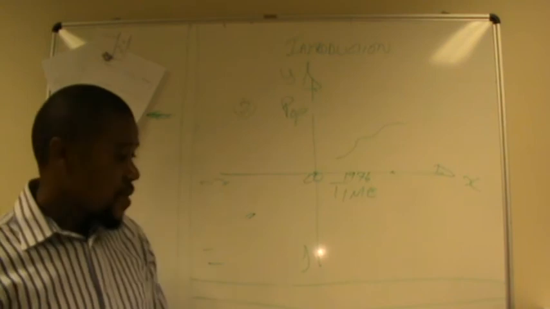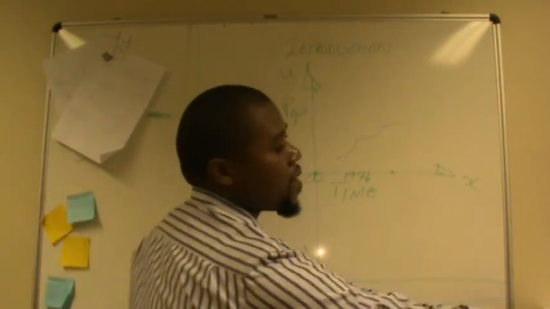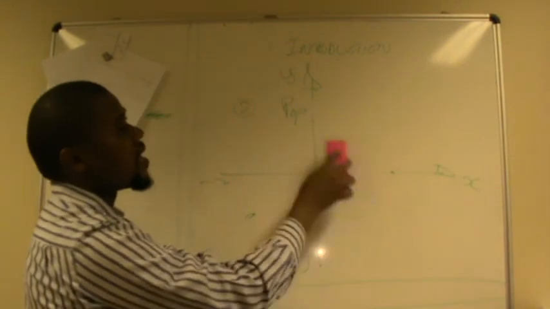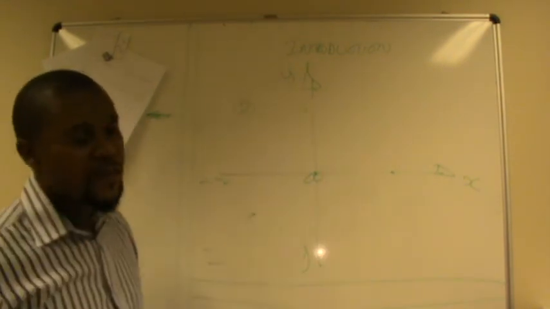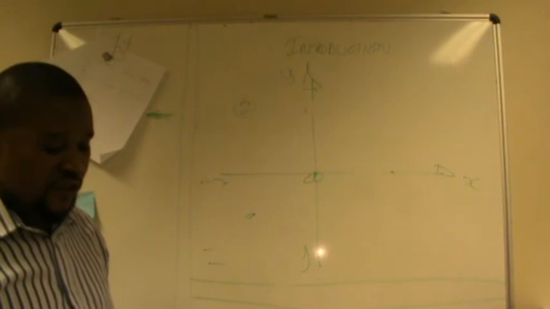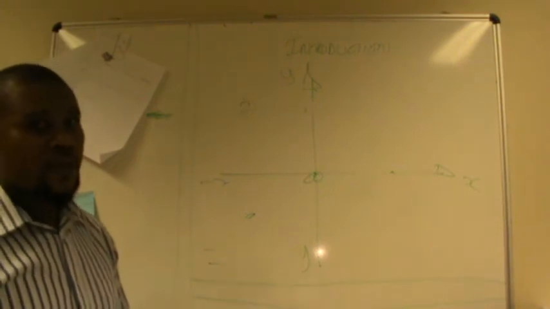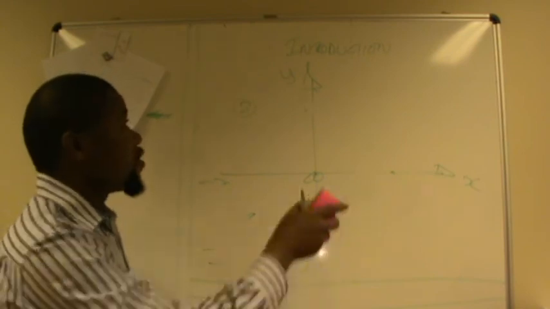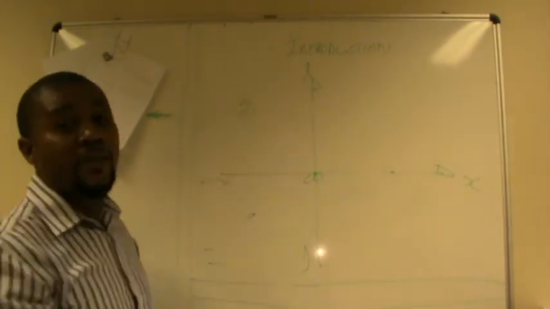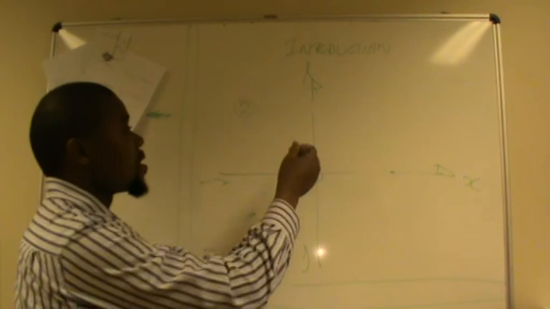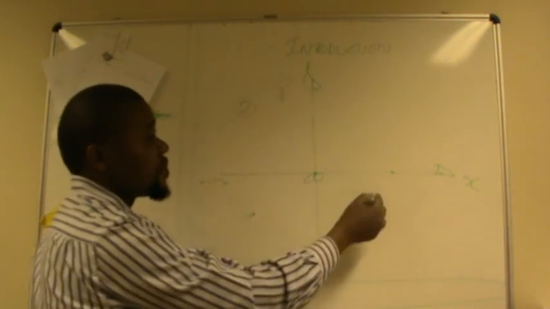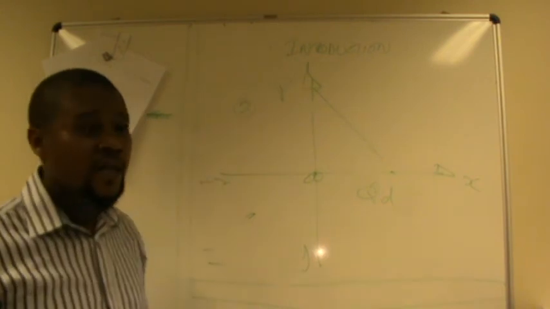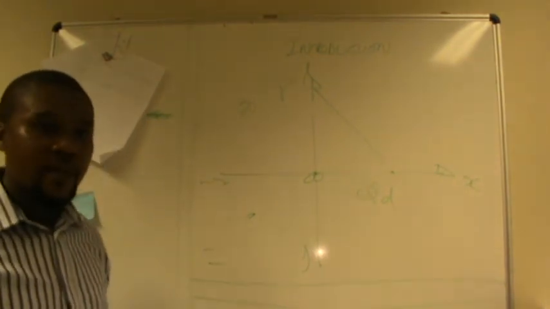And I want to say also that most of the relationships that we discuss in economics, in first year basic economics, are linear relationships, or we approximate them to being linear relationships. For instance, the relationship between price and the quantity demanded would be a linear relationship, a straight line in basic economics.